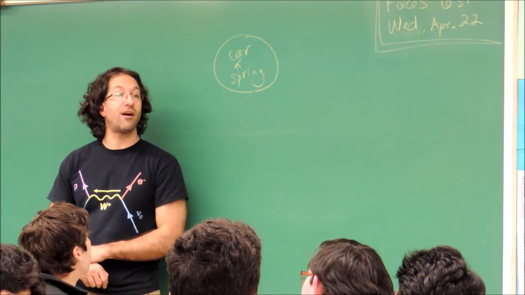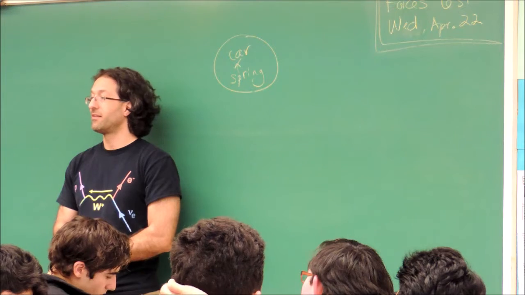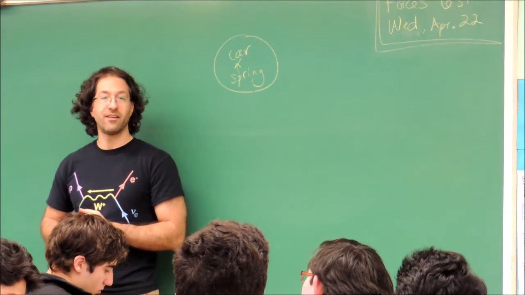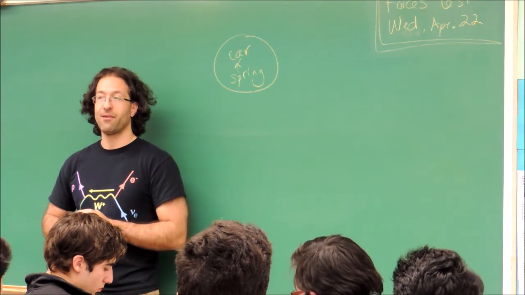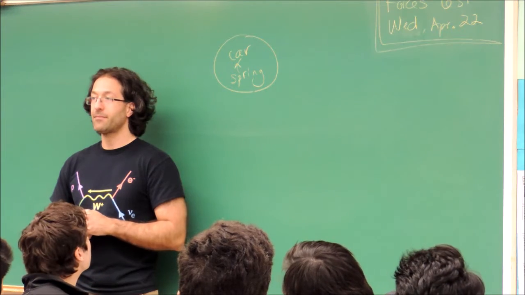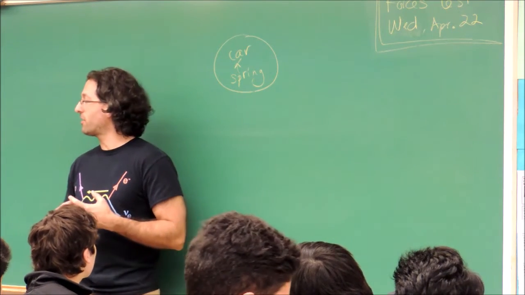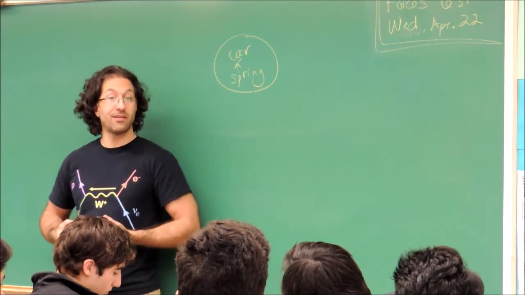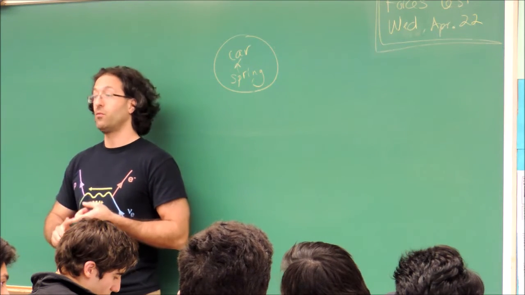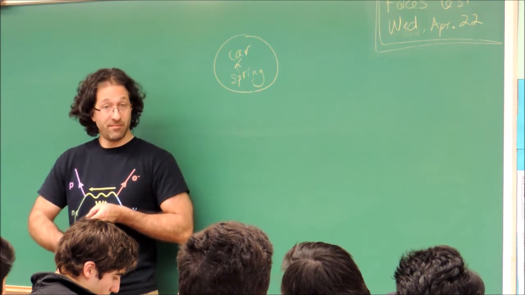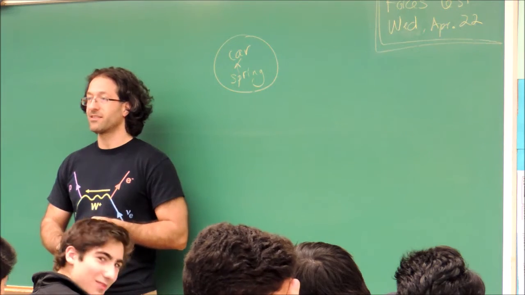Well, why did the car stop? Friction. Where? What part of the car helps to slow it down? The wheels and the brakes.